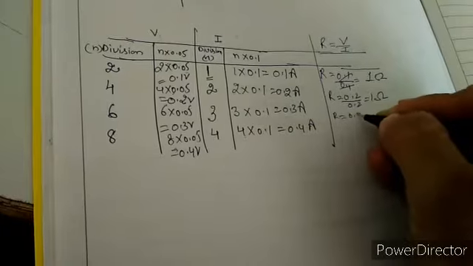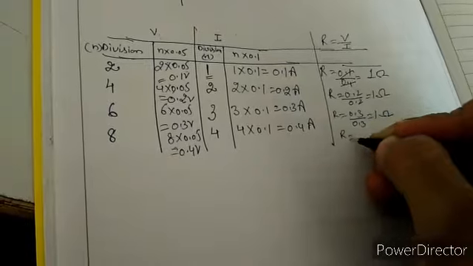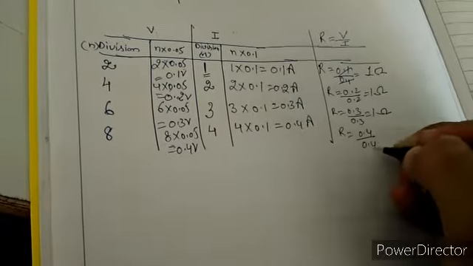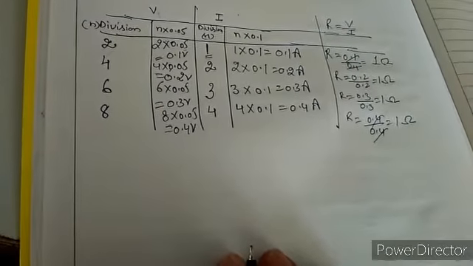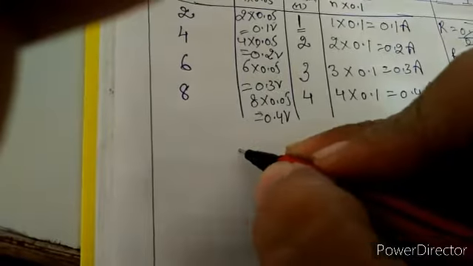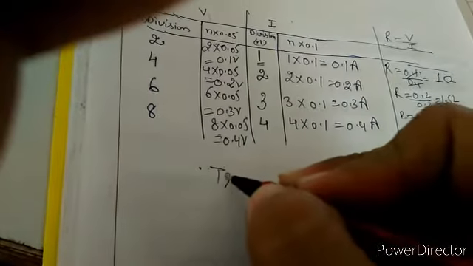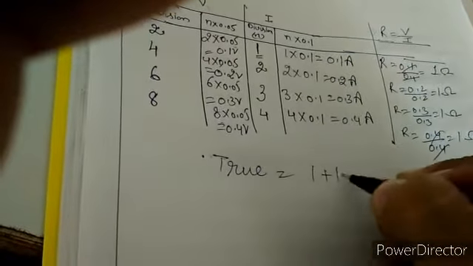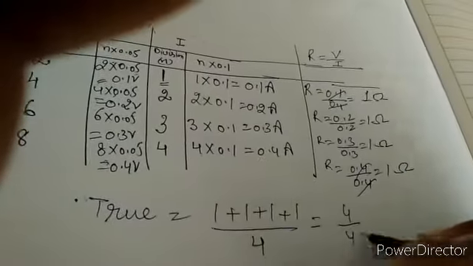Next is 0.3 divided by 0.3, that is 1 ohm, and 0.4 divided by 0.4, that is 1 ohm. Now we will take the mean of these values to find the true value, that is 1 plus 1 plus 1 plus 1 divided by 4, 4 divided by 4, that is 1 ohm.